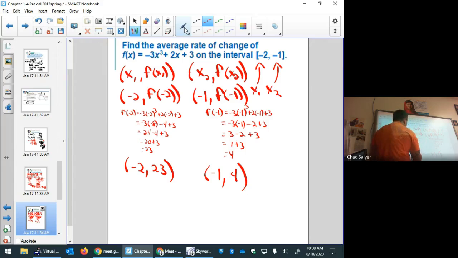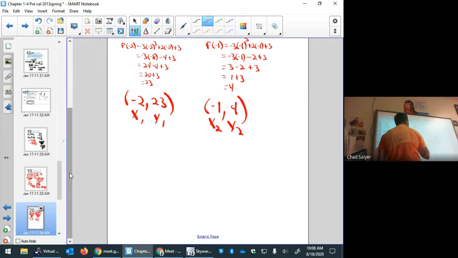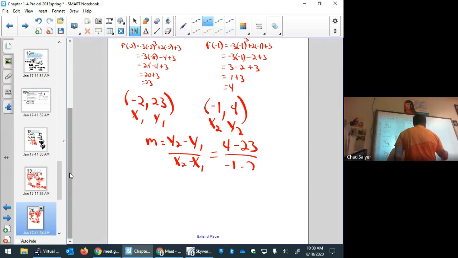So we've got our x1, y1, and our x2, y2. We're ready to plug that into the slope function. So m equals y2 minus y1 over x2 minus x1. And that is, again, a formula worth remembering. 4 minus 23 over -1 minus 2.